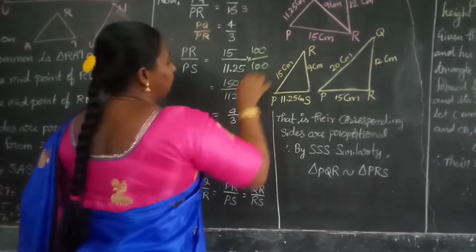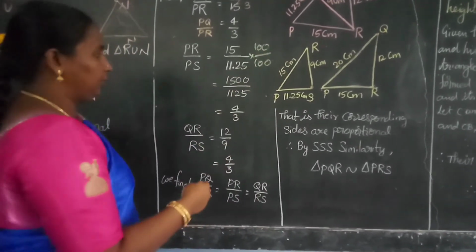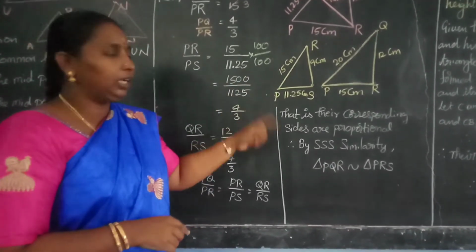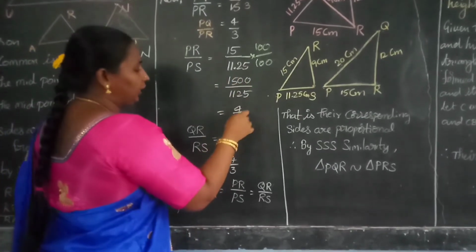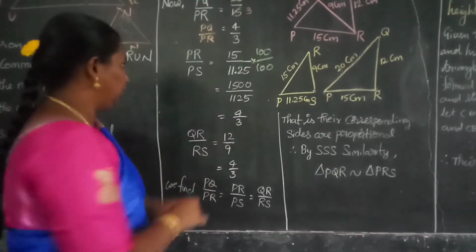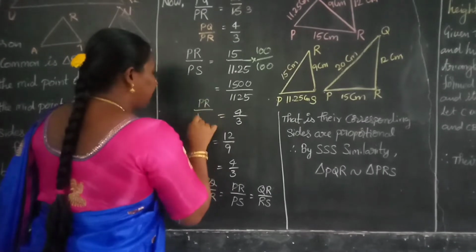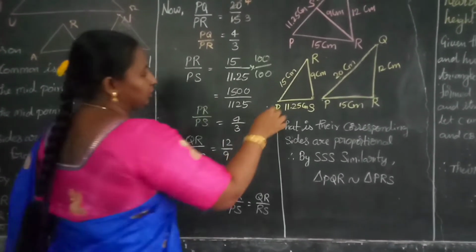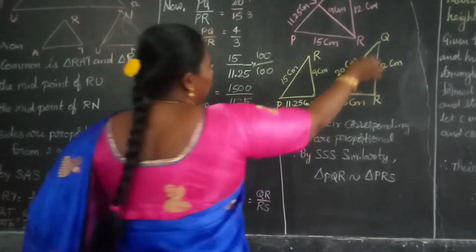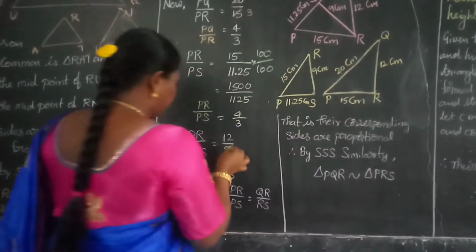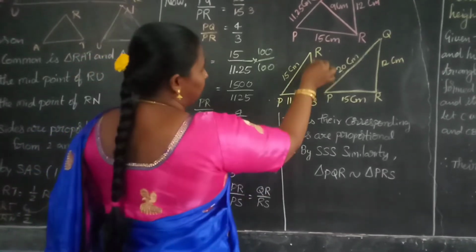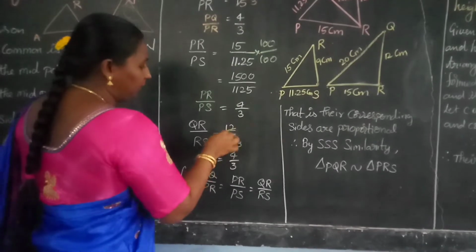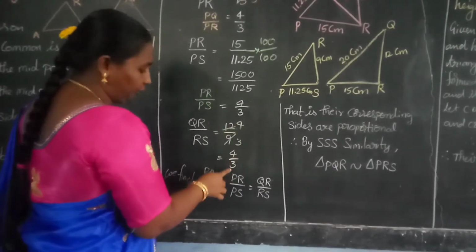So 12 by 9, cancel the 3 table. 3 4s are 12, 3 3s are 9, we will get 4 by 3.